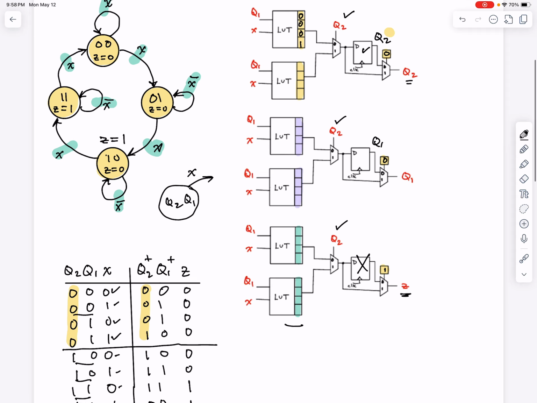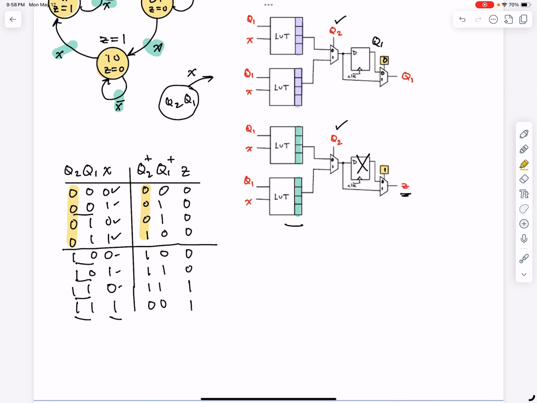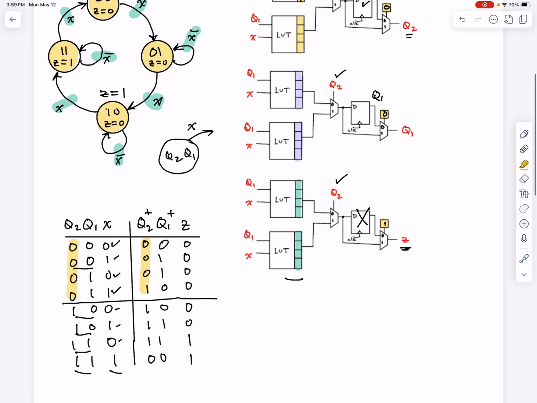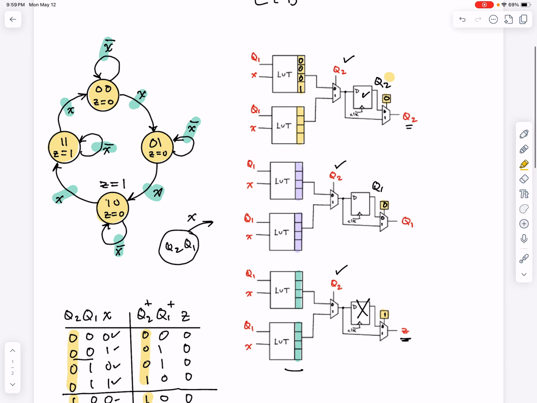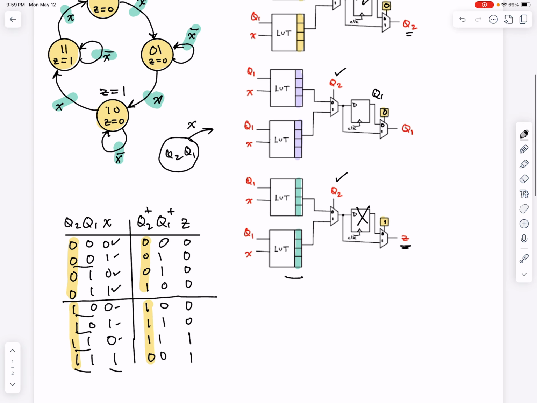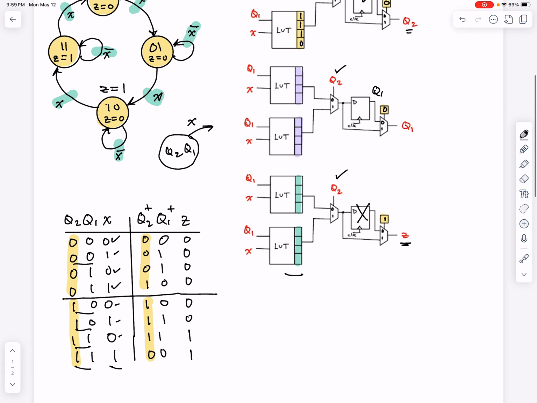When Q2 is a 1, then we select the lower half of the LUT. And so that would program to 1, 1, 1, 0. Then let's look at Q1.